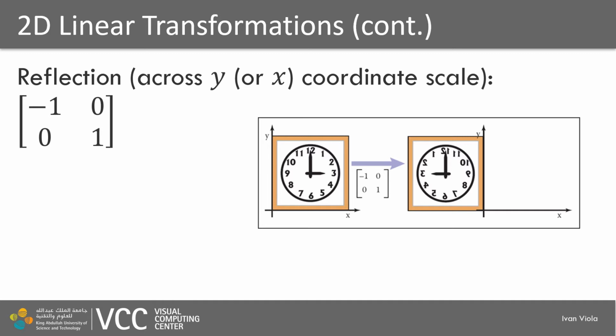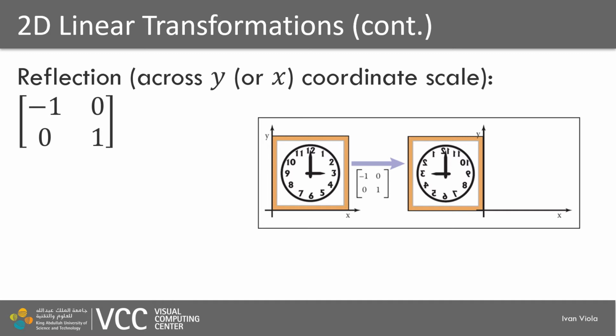Let's have a look at a very similar but yet different transformation, which is the reflection. You can see here one reflection, which is a reflection around the vertical y-axis. So all x points will change their sign from plus to minus.